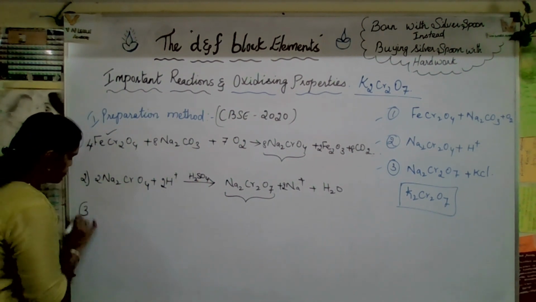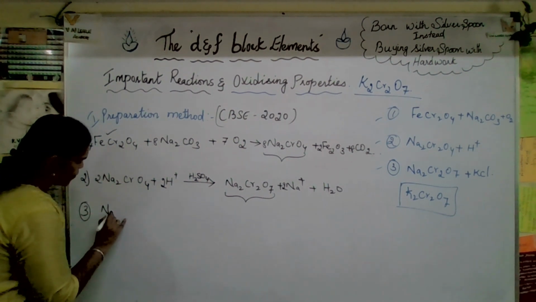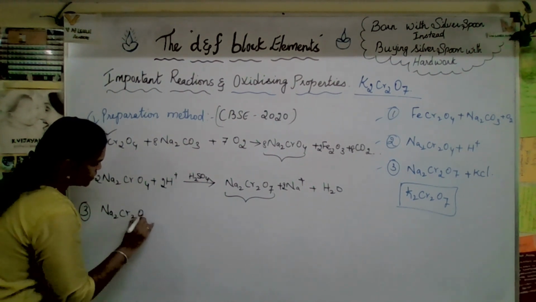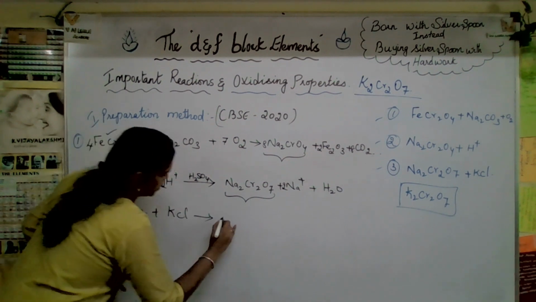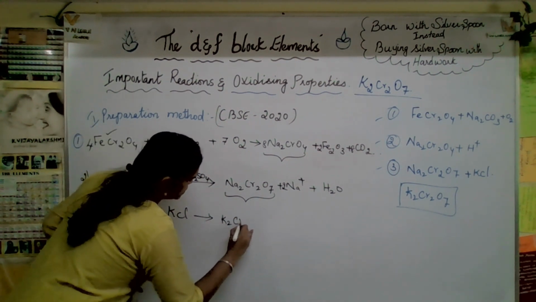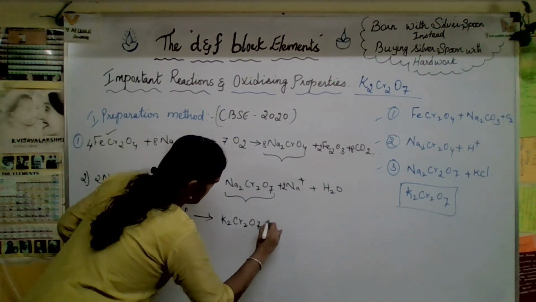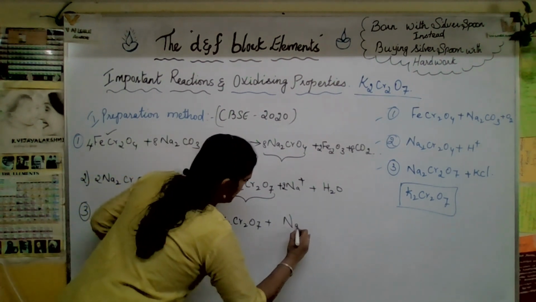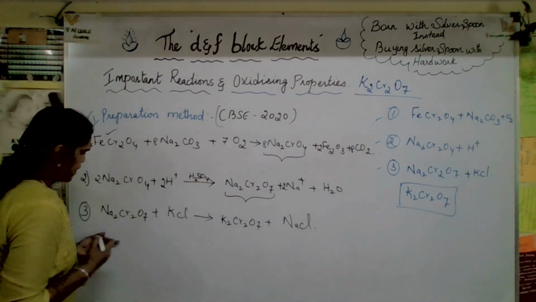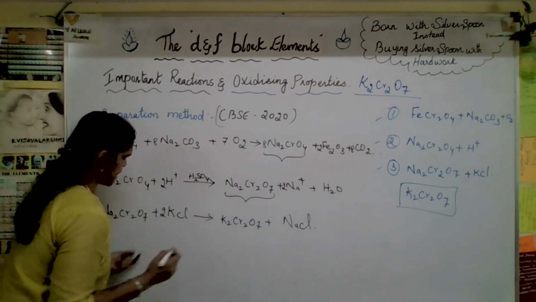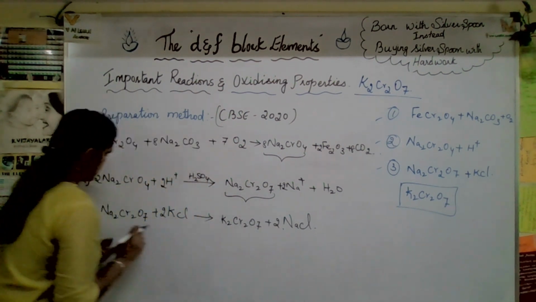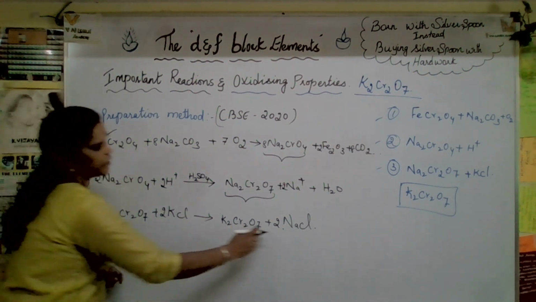This is step number 3: Na2Cr2O7 combined with KCl, you will get K2Cr2O7 plus NaCl. Now here 2, so naturally KCl is 2, and 2 NaCl.